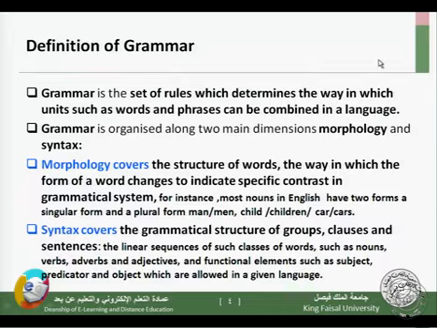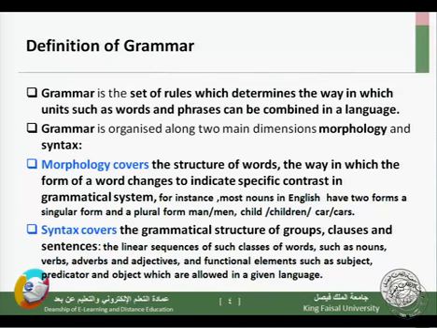Now, syntax has something to do with the grammatical structure of groups, clauses, sentences. It has to do with the linear sequence of what? Classes of words. The words, classes of words: are they nouns? Are they verbs? Are they adverbs? Are they adjectives?